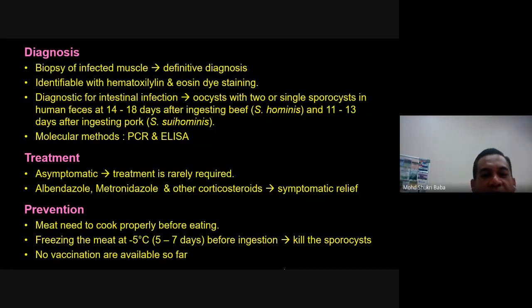Alright. Dan one thing about sarcocystosis, adalah no vaccine. Macam tadi juga, seperti Microsporidia juga, so far memang tak ada vaksin. Okay, ini adalah sarcocystosis.